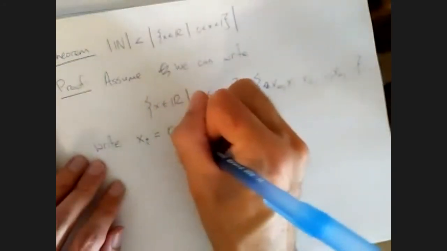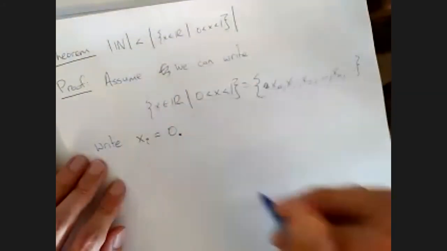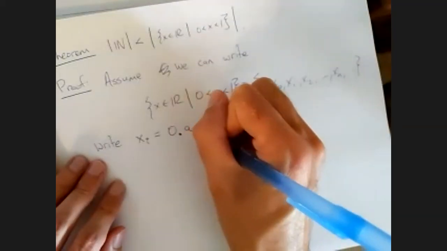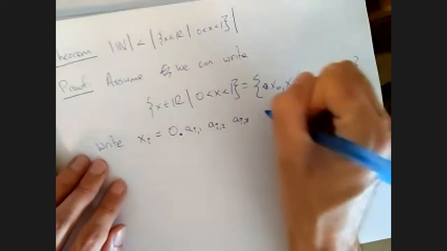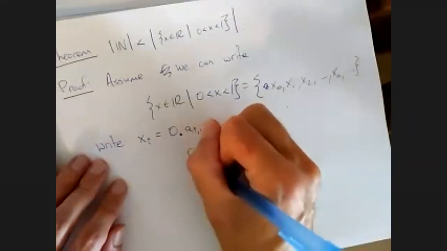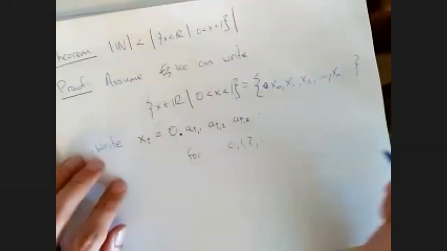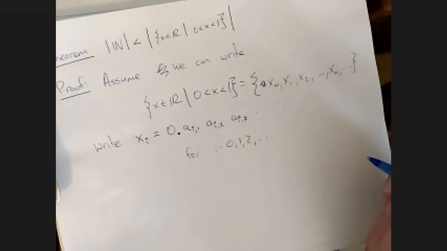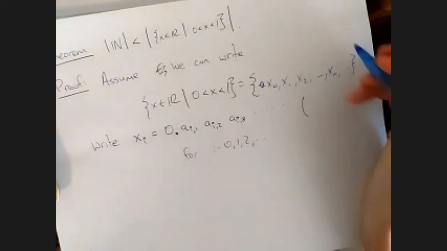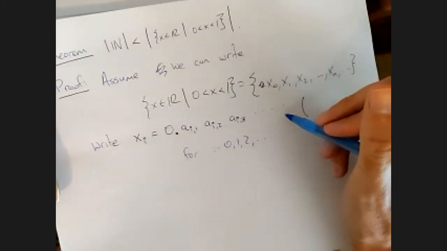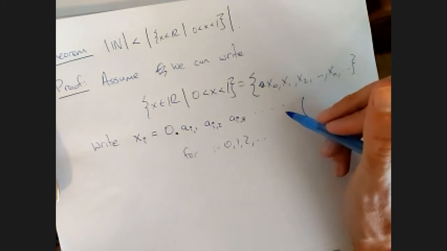So it's going to be like 0 point Ai1, Ai2, Ai3, like that for i equals 0, 1, 2, etc. Also, we have to make some convention: we have to make sure that we write all our decimals so that they don't end in all 9s.